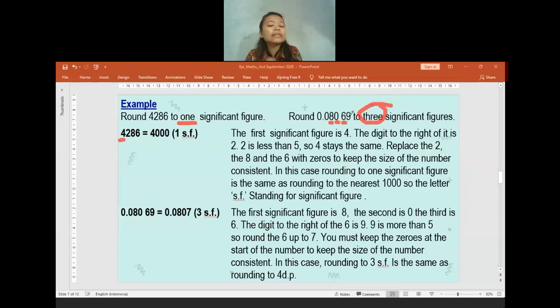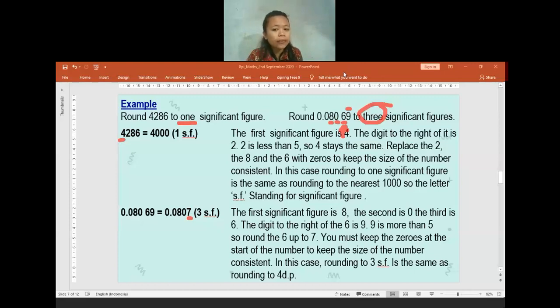We check after 6, it's the number 9. Whenever the right number is 5 or bigger, the chosen digit has to increase by 1. 6 increased by 1 will be 7. So when we round off 0.08069 to 3 significant figures, the answer will be 0.0807.